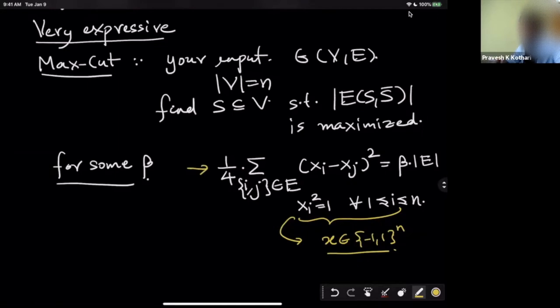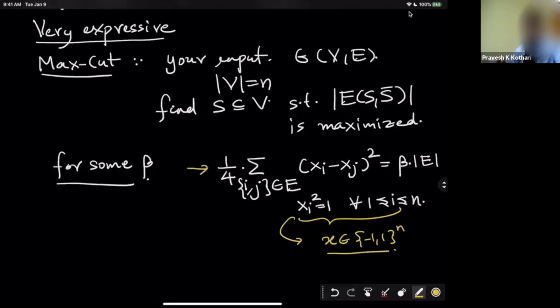Basically this polynomial has a quadratic term for every edge of the graph G, right? Now let's understand, if I have a vector x, what happens to a term corresponding to an edge. If you look at an edge (i, j), then xi minus xj can only take two values when x is over plus or minus 1s. It either takes the value 2 or it takes the value 0.